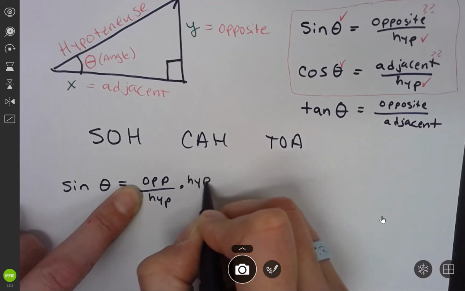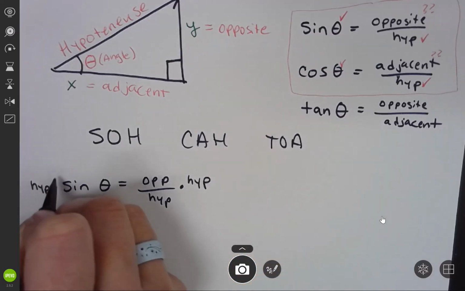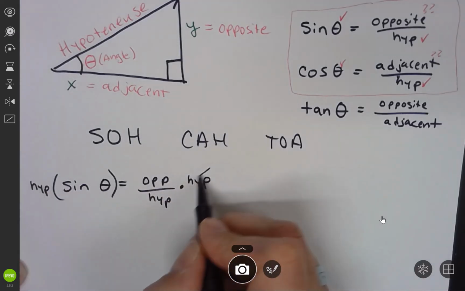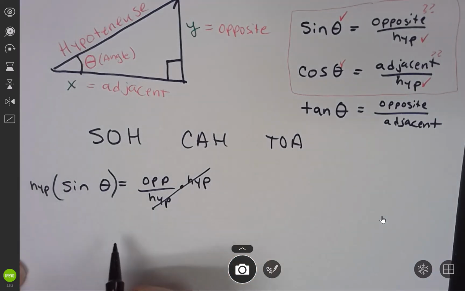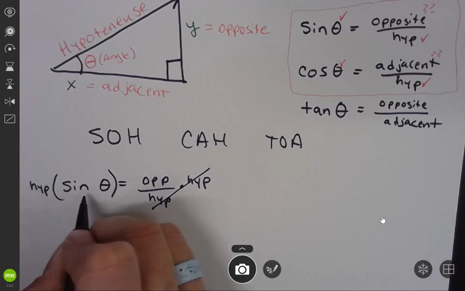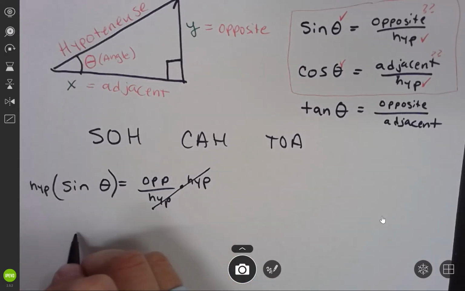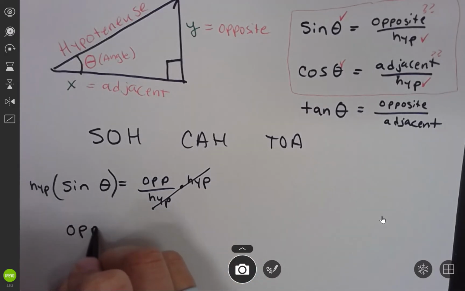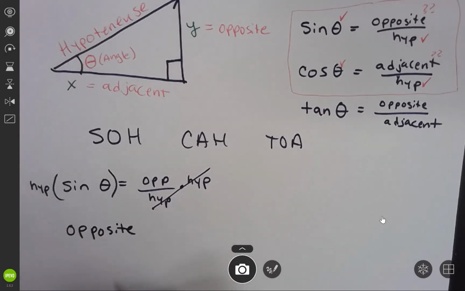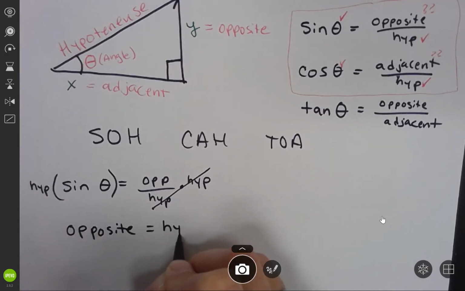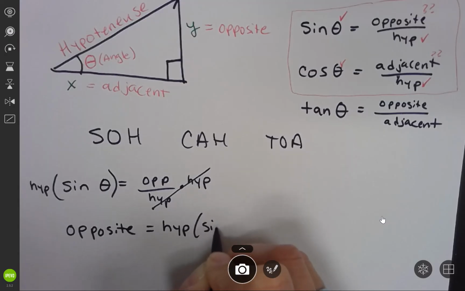I have to multiply both sides by the hypotenuse. That will make this cancel, and then we are left with the equation: the hypotenuse times the sine of the angle is equal to the opposite. I'm just going to rewrite that this way: the length of the opposite side is equal to the hypotenuse times the sine of the angle.